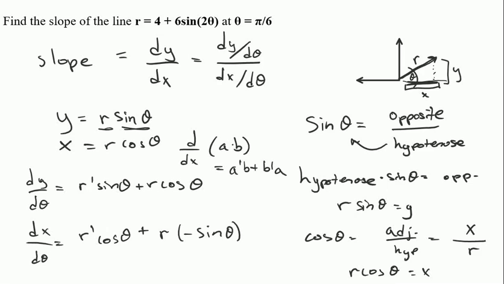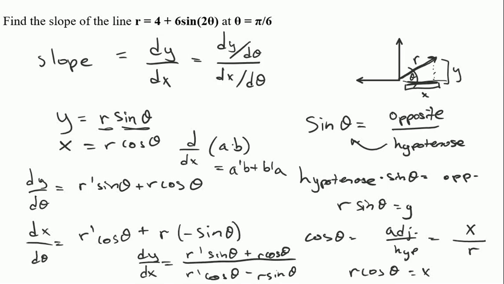So overall, we're going to get dy dx equals r prime sine theta plus r cos theta over r prime cos theta minus r sine theta.